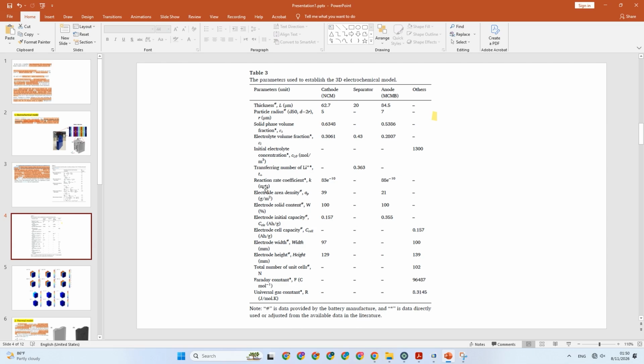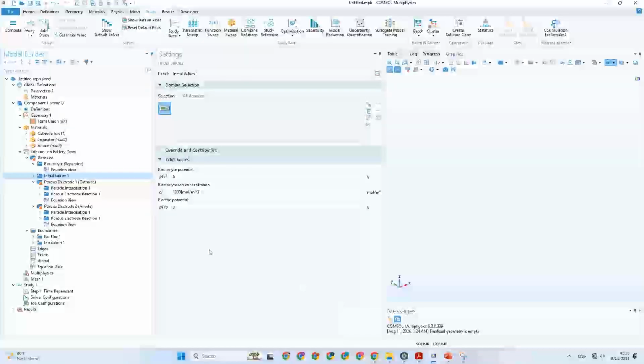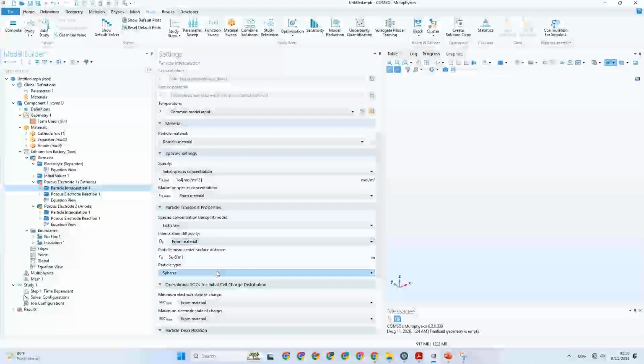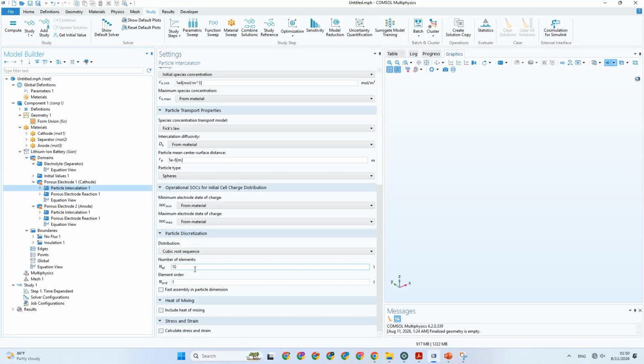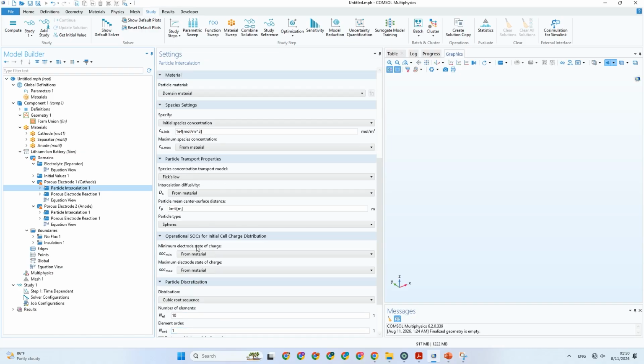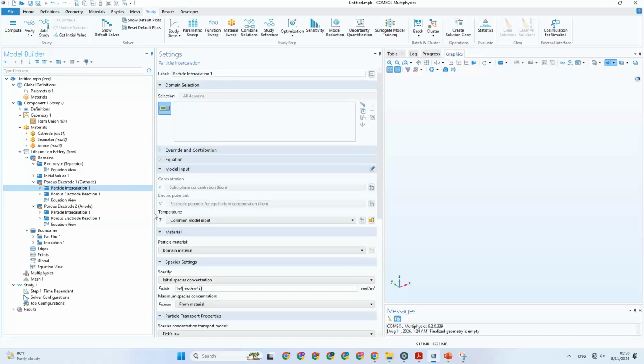We have a reaction rate coefficient. Reaction rate, let me see that. Number of elements, element order. Okay. I don't know.